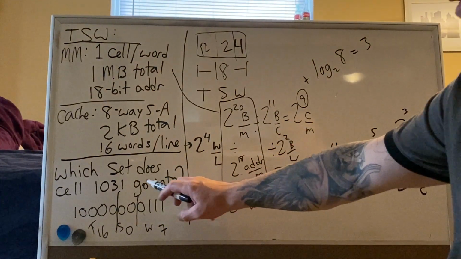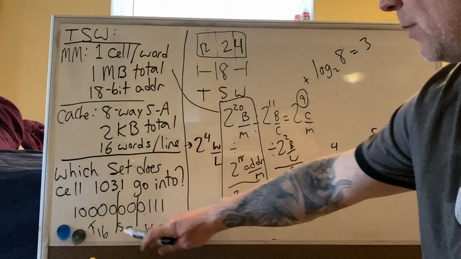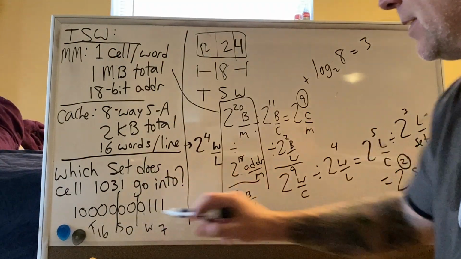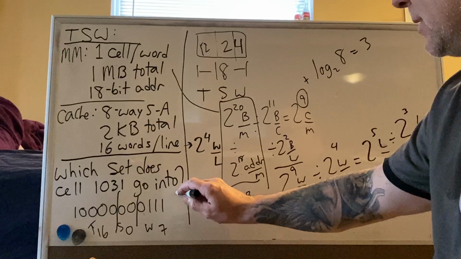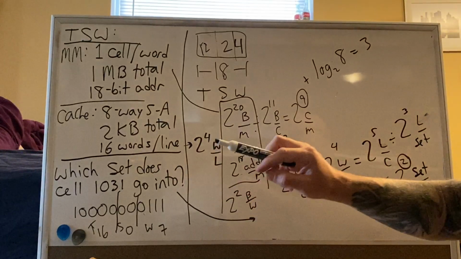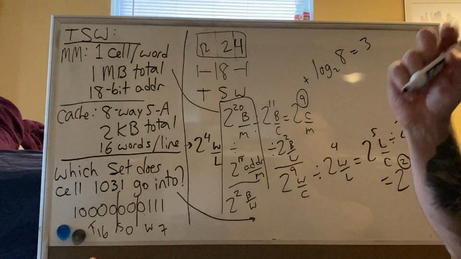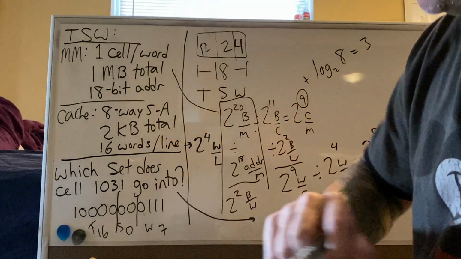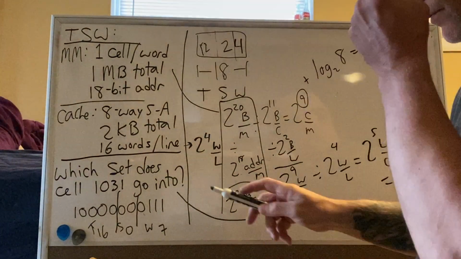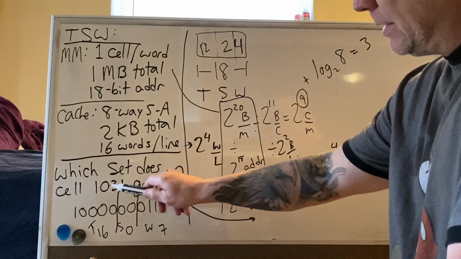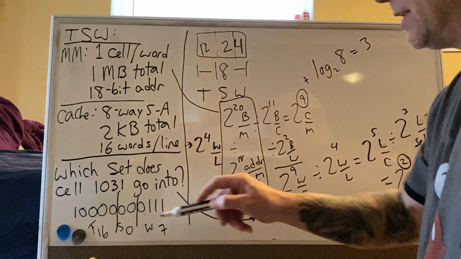Another way of solving this is to find out what block this is in. So that's one way of solving it. The answer is set 0. There are 16 words per line. I can divide 1031 by 16, which is basically 2 to the 10 divided by 2 to the 4, is 2 to the 6, 64.